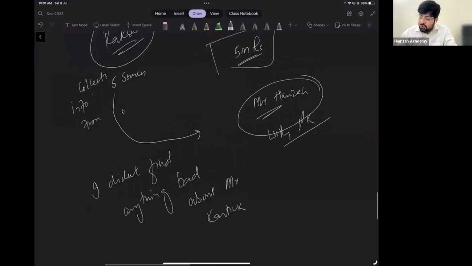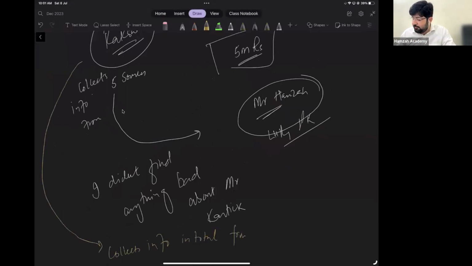Now she goes and collects further information, and now collects information in total from 11 sources.